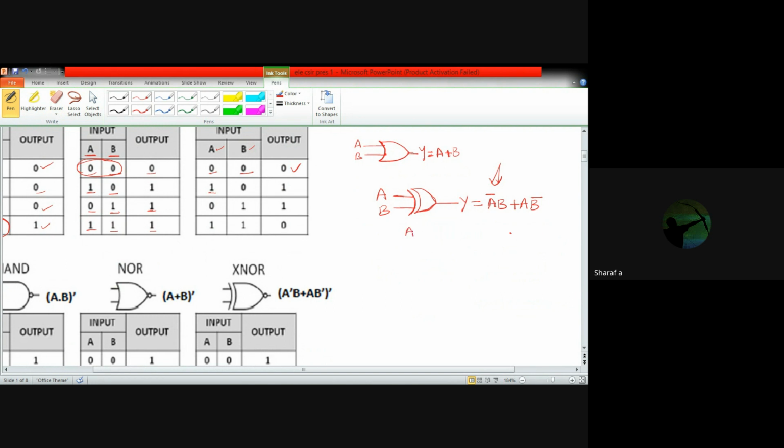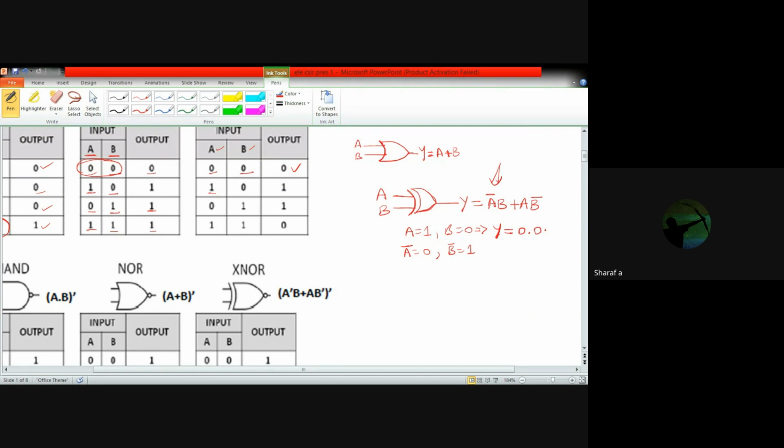For A equal to 1 and B equal to 0, what will happen? A equal to 1 means A bar is equal to 0. When A is 1, A bar is 0. And B equal to 0, B bar is equal to 1. So Y will become A bar B. A bar B means A is 1 now, so A bar is 0. So 0 dot B, and B is also 0.